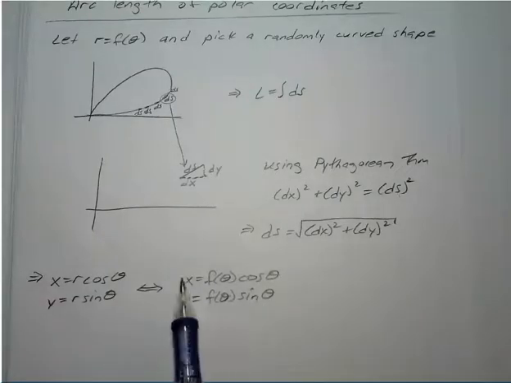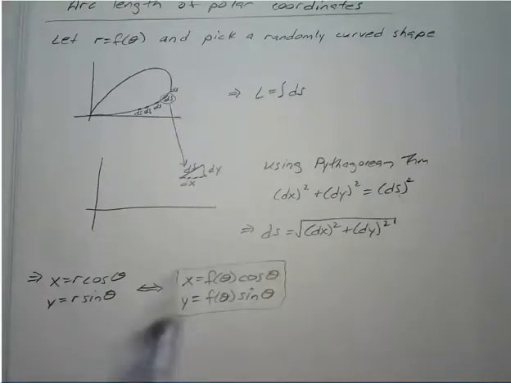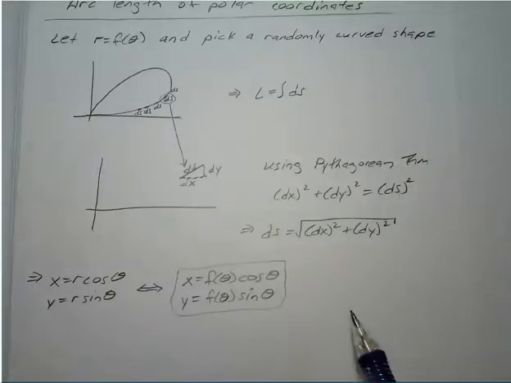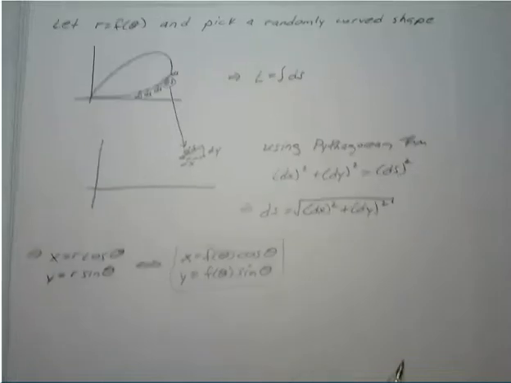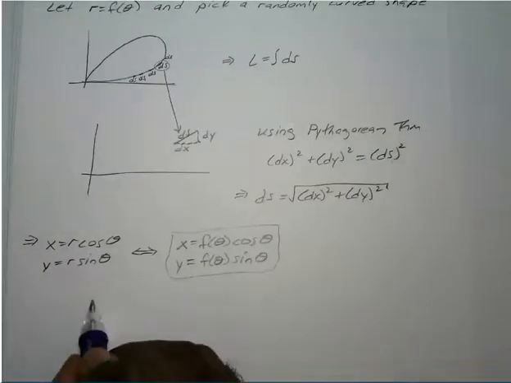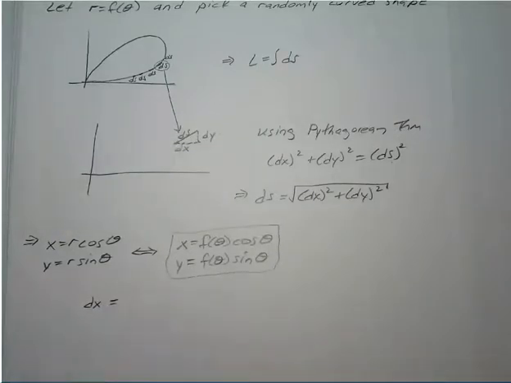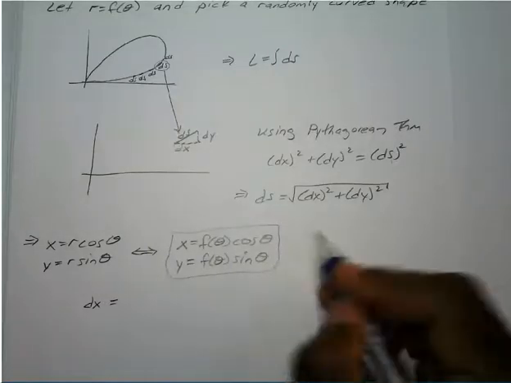This side is actually a little bit easier on our proof, so we're going to use that. First thing we're going to do is find the derivative of both of those, actually just solving for dx because we're going to use differentials.